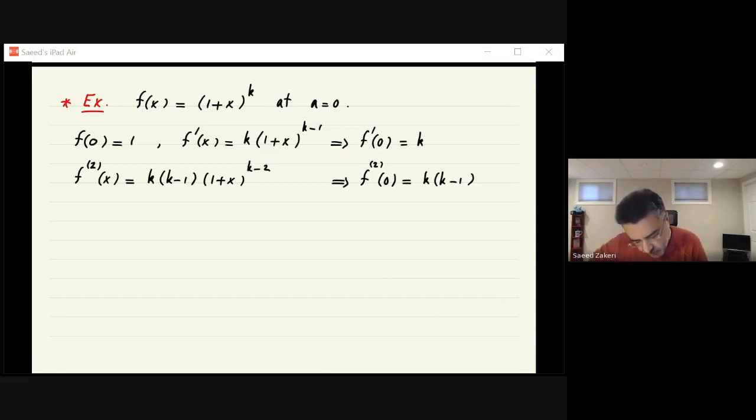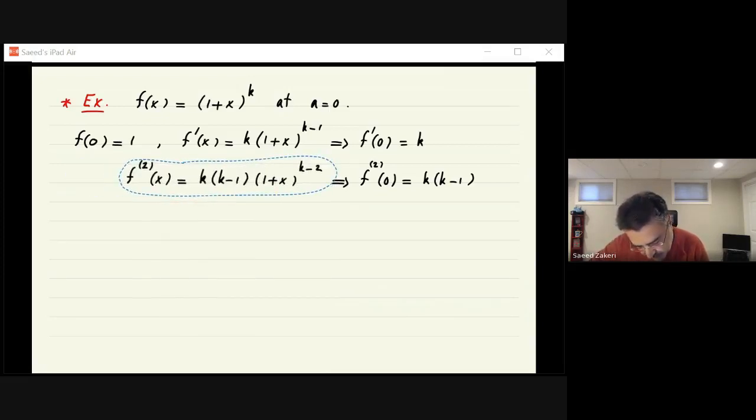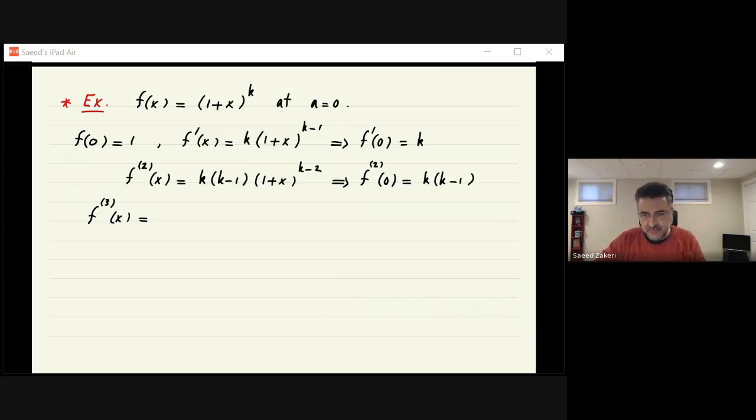And now you more or less see the pattern. A clear pattern is emerging. Let's do one more, the third derivative. Remember, k is a fixed number. x is your variable, k is a fixed number. So think of it like 5, something fixed.